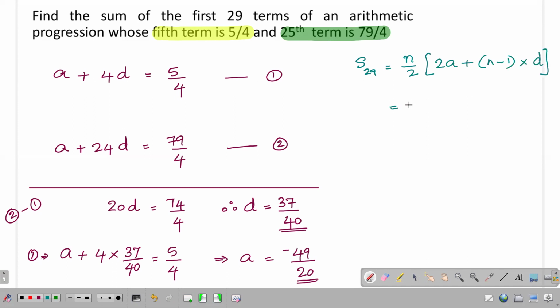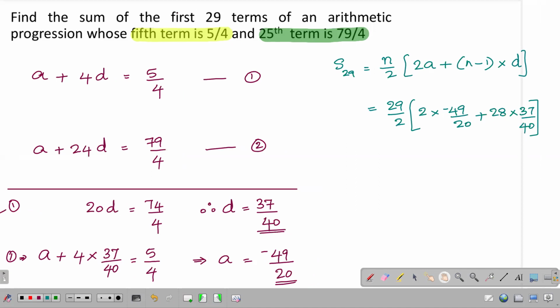In this case it will come as 29 upon 2 into 2a, 2 times minus 49 by 20, plus n minus 1 times d. n is 29, 29 minus 1 is 28 times the common difference, which is 37 upon 40.